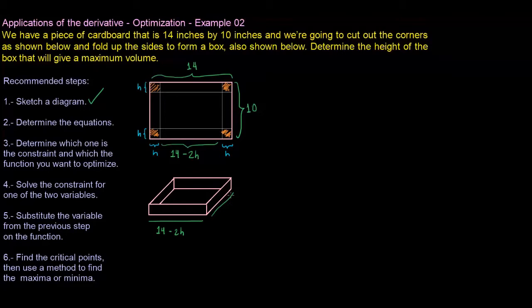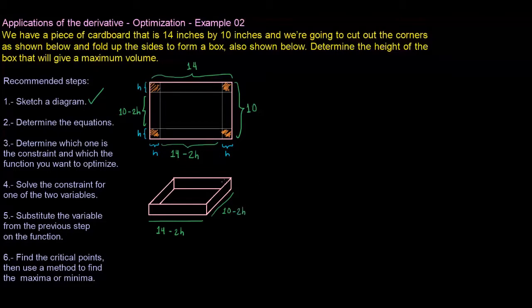Now this other side, we can assume something pretty similar. As the whole length is 10, and we're subtracting 1h and 2h, this side will be 10 minus 2 times h. So this side of the box will be 10 minus 2 times h.